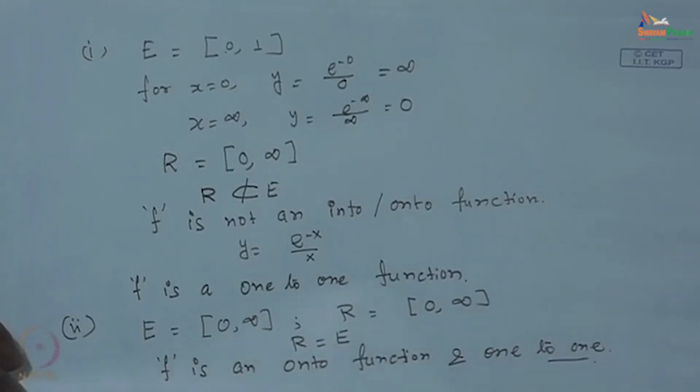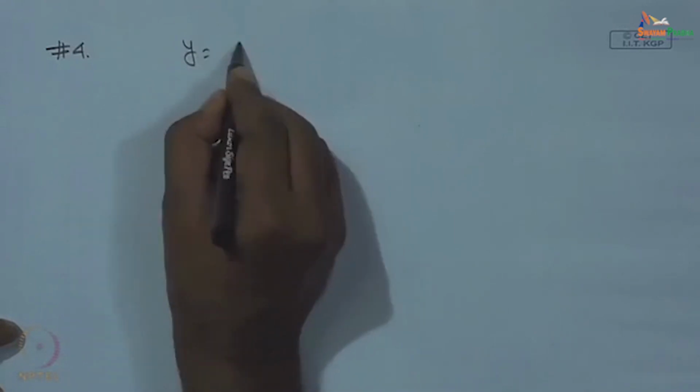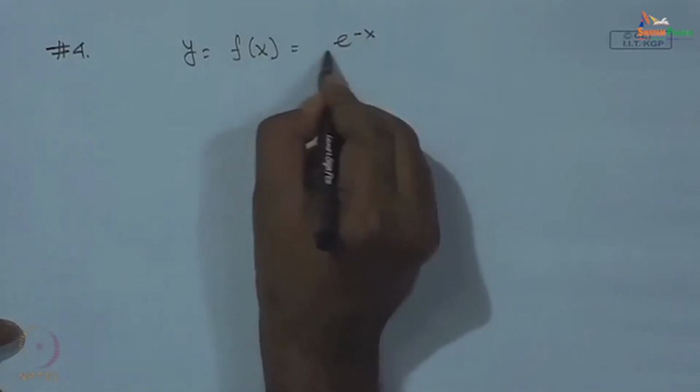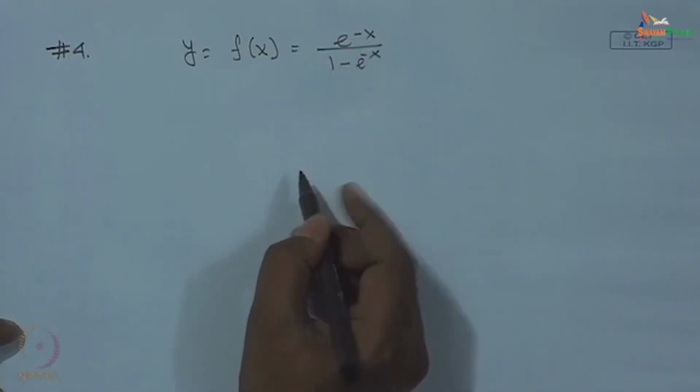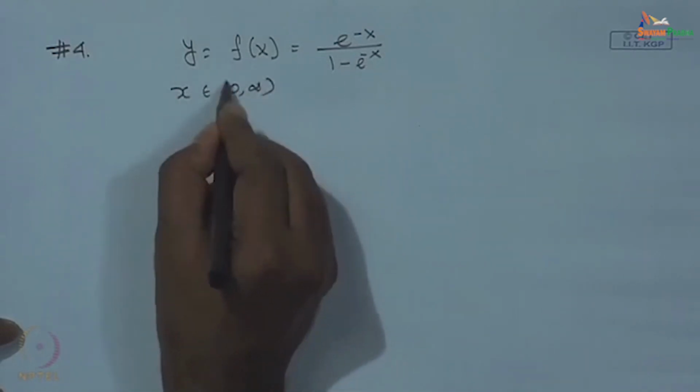Okay. Now, let us go to another problem, problem number 4. In this case y is equal to f of x, and it is e to the power minus x divided by 1 minus e to the power minus x. The domain of x is from 0 to infinity.